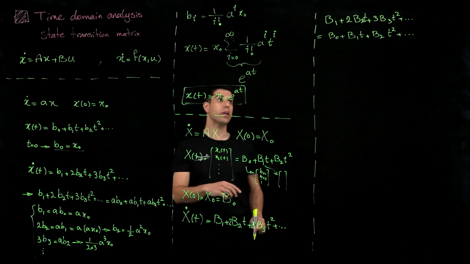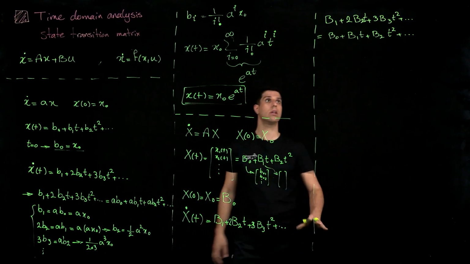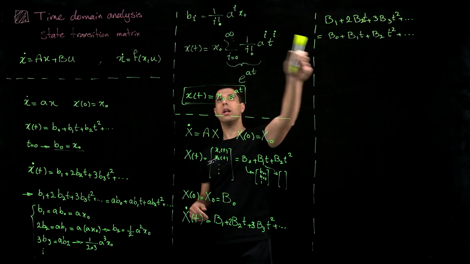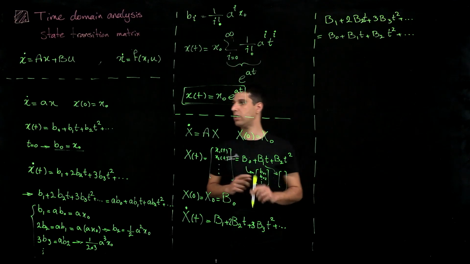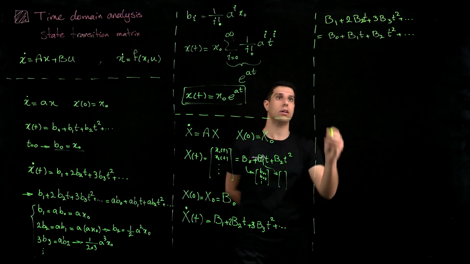You see where I'm going. So everything looks identical between these two conditions, except my b's are now capital B's, and my A is capital A, representing vectors and matrices, but mathematically they look identical.